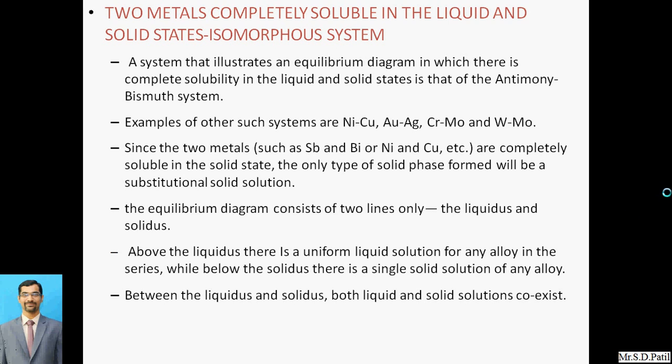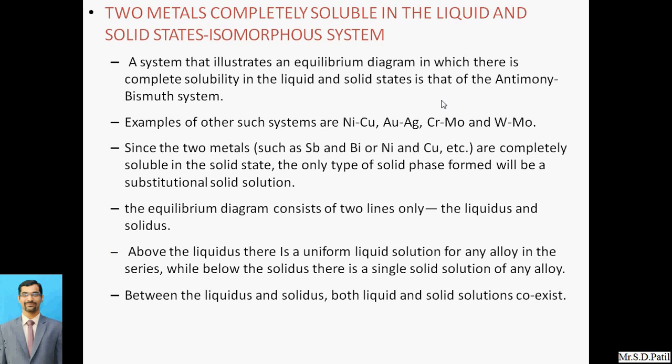A system that illustrates an equilibrium diagram in which there is complete solubility in the liquid and solid state is that of the antimony and bismuth system. Right now we have taken all the examples with antimony and bismuth, and that's why we will continue with the same example for the further lectures.